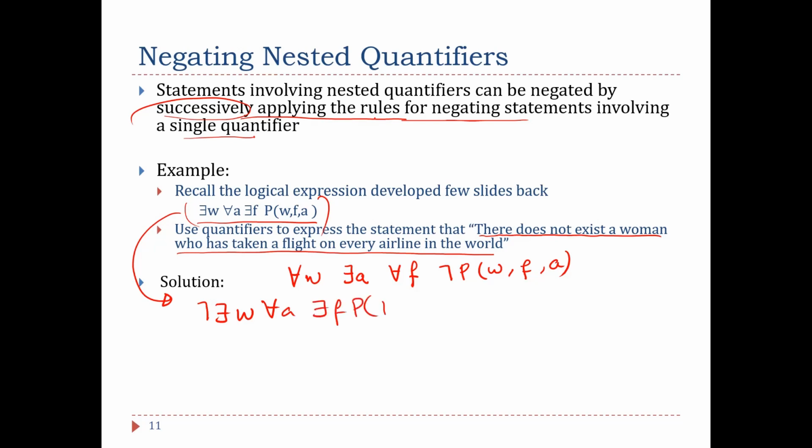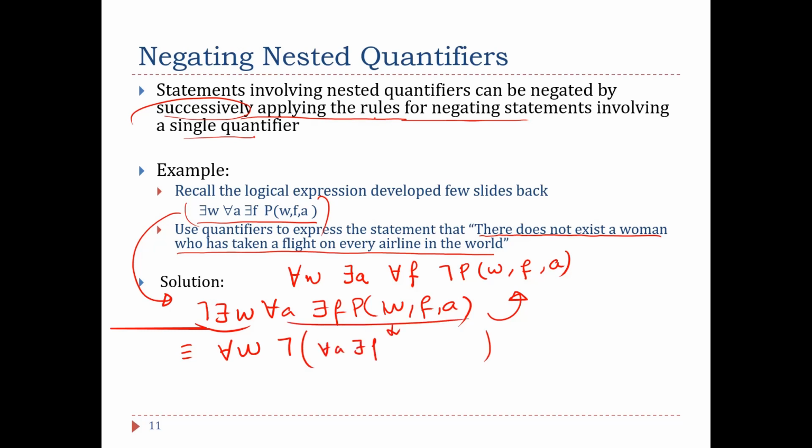To get to this format here, we can do it step by step. We negate this one, so we flip it, and we put the negation inside, and then we copy this part here. You have not for every A, there exists an F such that P of W, F, A. Then you can get the negation inside once again.